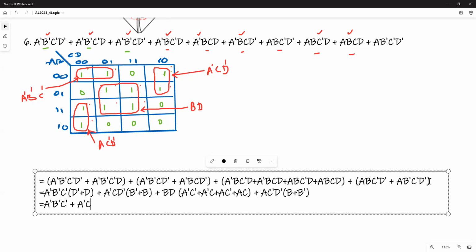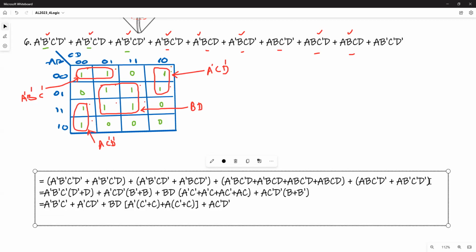Similarly, A dash, C, D dash, BD, and then within BD, we know that we can take A dash, we will have C dash plus C plus, then we have A, C dash plus C, right? So then we have plus A, C dash, D dash.